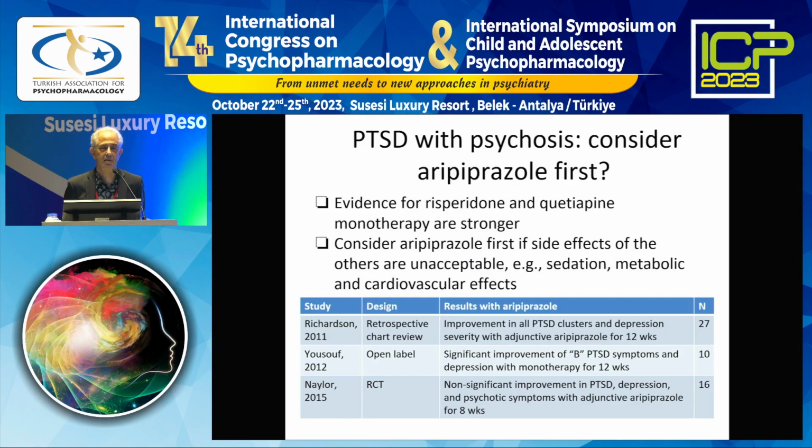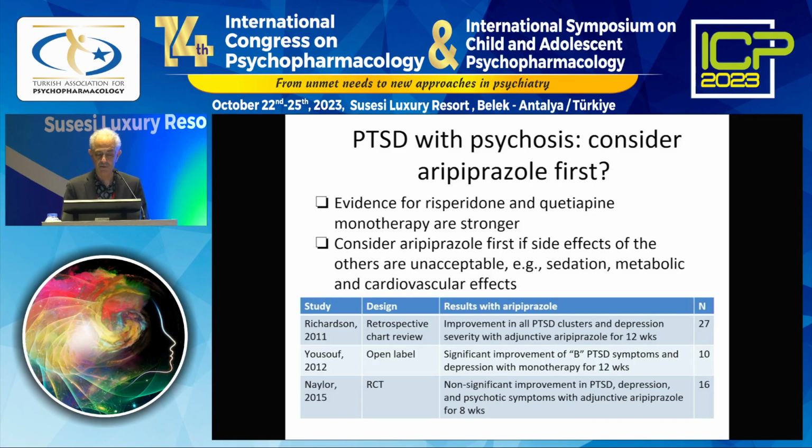And actually, even aripiprazole might be considered first over the risperidone, much less the quetiapine, because of a more favorable side effect profile. Like I said, in our algorithm, we consider evidence of effectiveness, but also side effect profile in deciding how to sequence things.